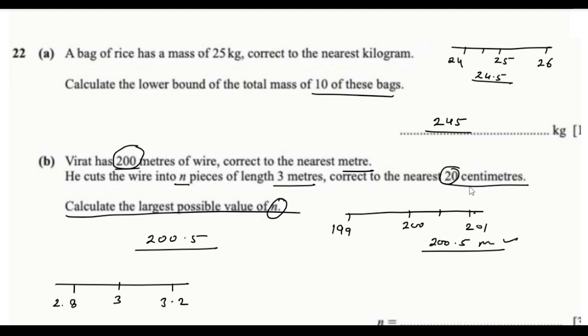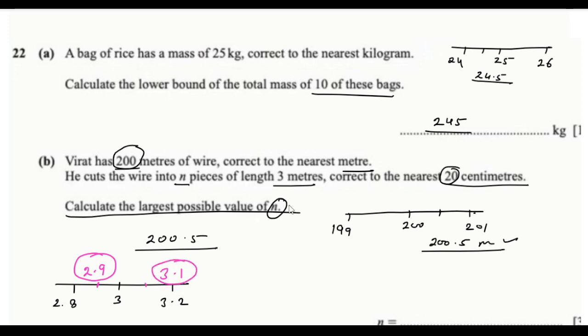Now 20 centimeter is what? 0.2 meter. So my reading will be like 2.8 meter, 3 meter, or 3.2 meter. Now the lower bound for this 3 meter is going to be 2.9 meter, and the upper bound is going to be 3.1 meter.